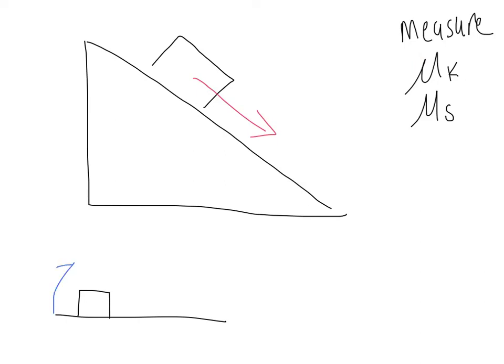But as you lift this up, at some angle, the block will just start to slide. So the block was not moving relative to the plane, and you got it to a certain angle, and all of a sudden the block is moving relative to the plane. From this angle, you will be able to calculate the coefficient of static friction.